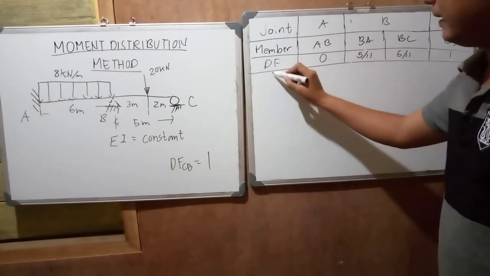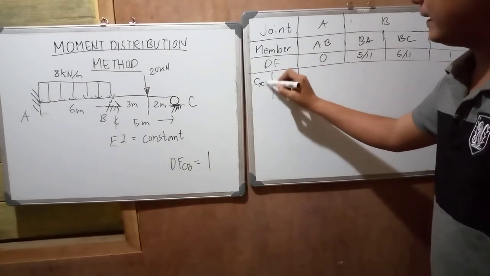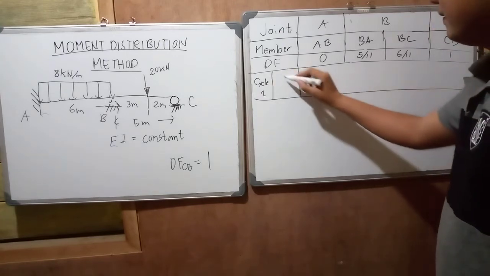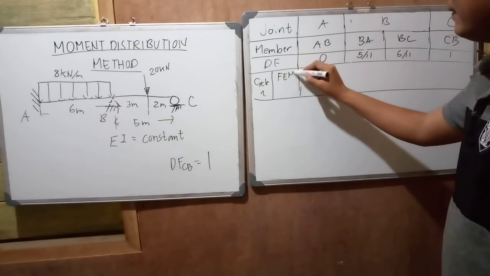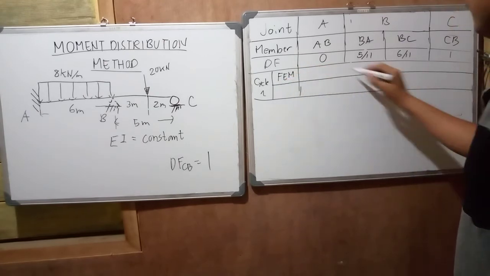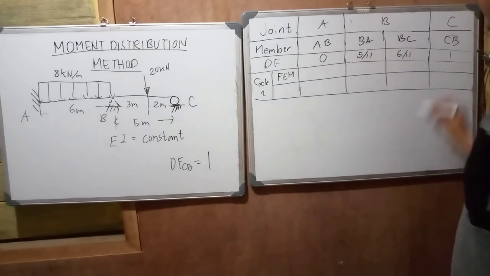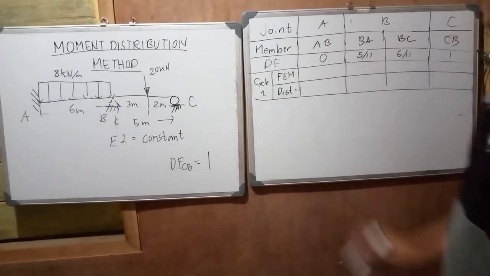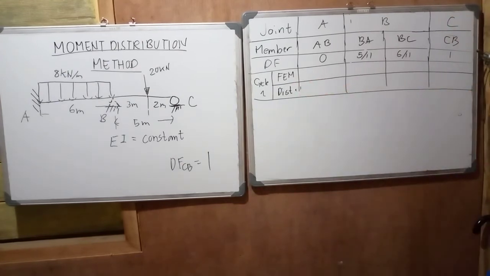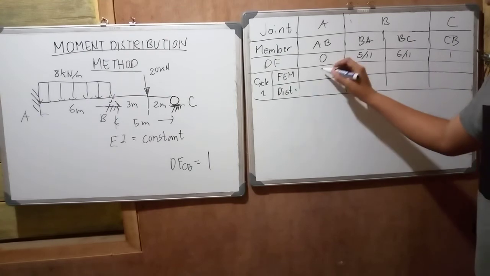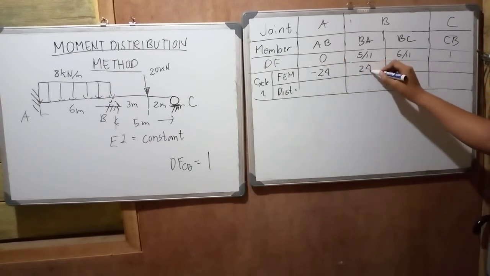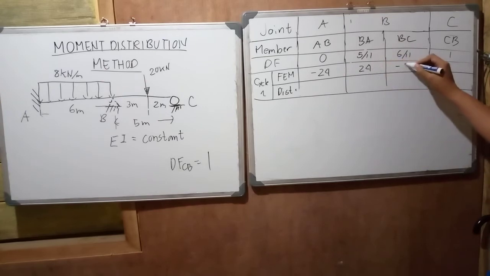Okay? So, we have cycle 1. Sa cycle 1, we start at fixed end moments. Okay, lagay natin dito si fixed end moments natin. Ano ba yung mga fixed end moments na compute natin? Yung fixed end moments na compute natin is negative 24, 24, okay, negative 9.6, and 14.4.